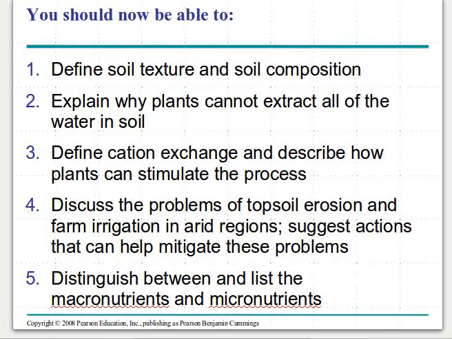So hopefully, after taking a look at this slideshow, you're able to talk about what soil texture is and what soil composition is, what soil is actually made of, the important components. Remember, both physical, chemical, and biological. Don't forget the soil ecology.